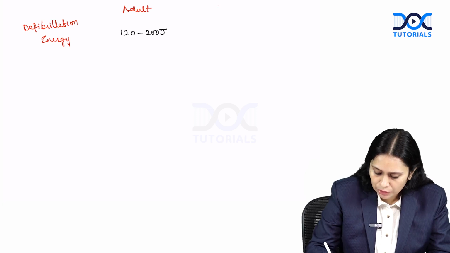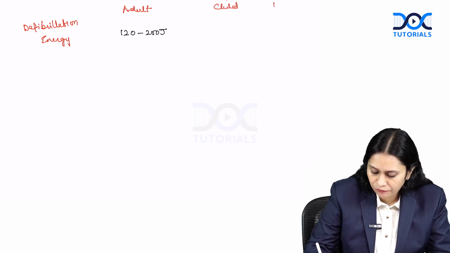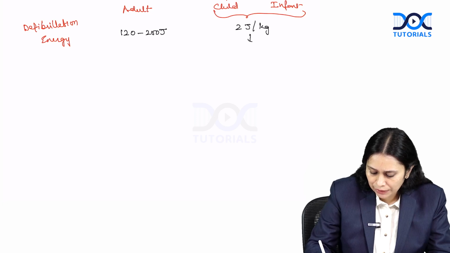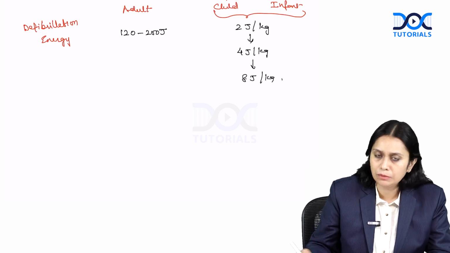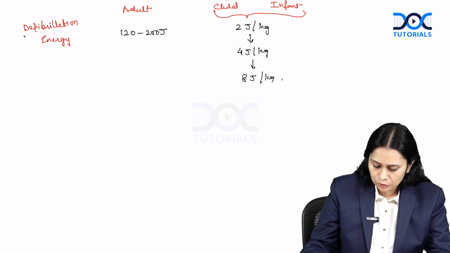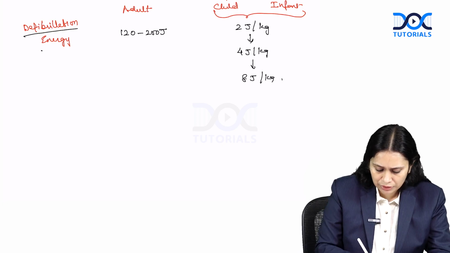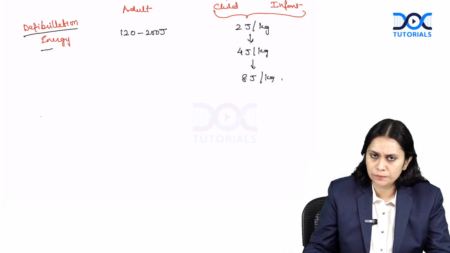And for child and infant, we start with 2 joules per kg body weight. We can increase to 4 joules per kg body weight, and then to 8 joules per kg body weight. Okay, so this is the difference in the choice of defibrillation energy.